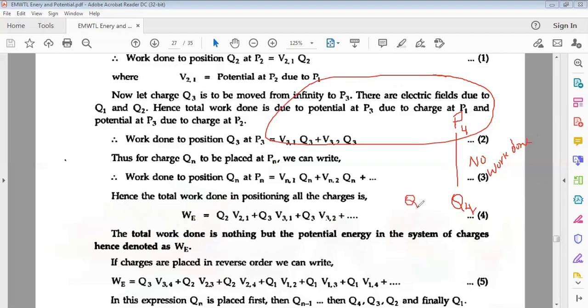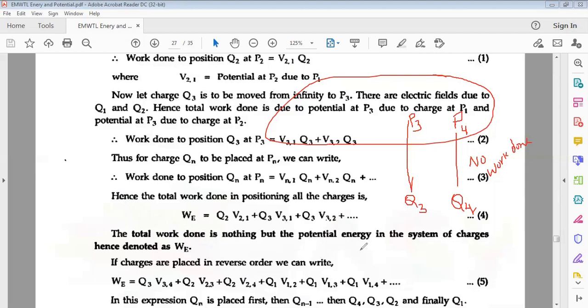Now, from infinity, bring Q3 and place it at position P3. A force is exerted on Q3 due to Q4. What is the work done here?